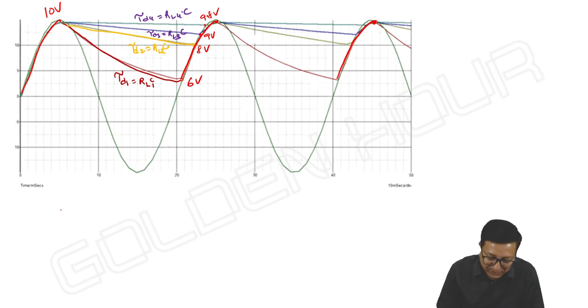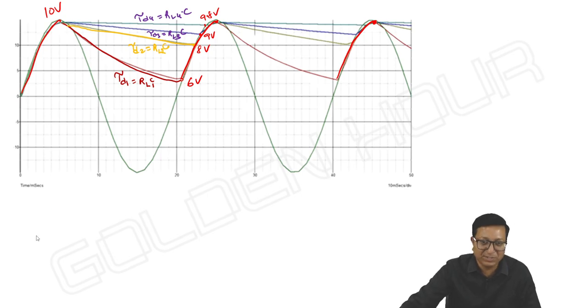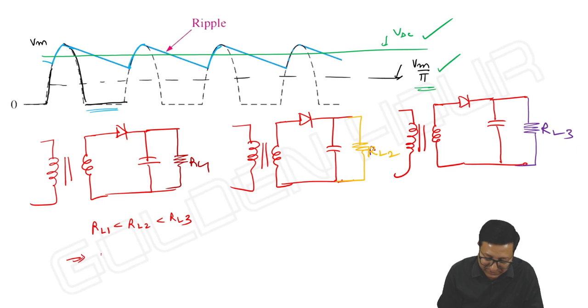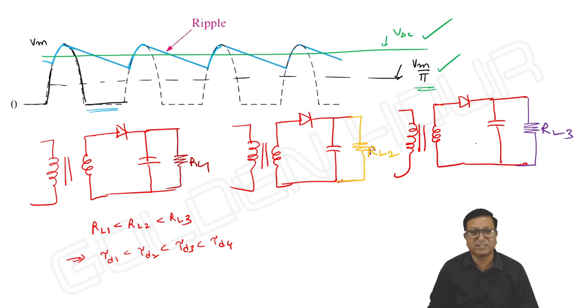As the discharging time constants increase, tau d1 is less than tau d2, less than tau d3, less than tau d4. The fourth diagram I have not written, but we can understand that. If RL is very large, we can see much better, the best possible results.